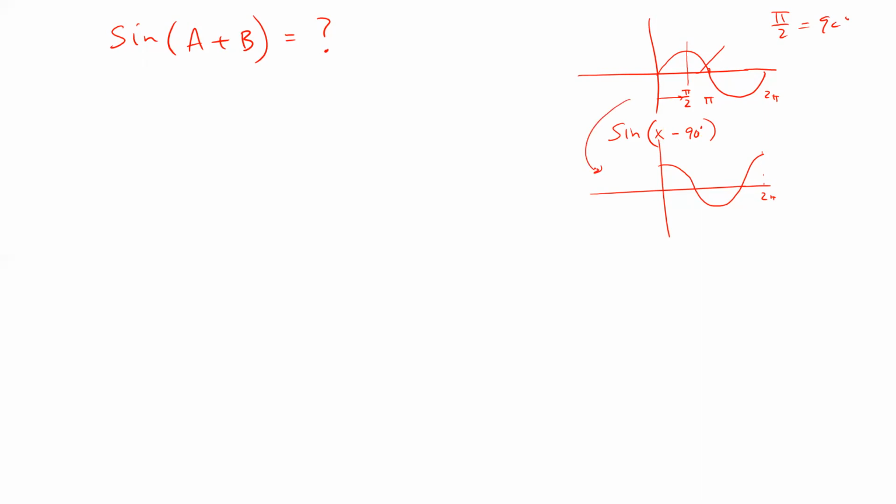Talk to me if that is true, or does it still feel like a Monday morning? So sine of x minus 90 degrees is equal to cosine. Okay, I go with that.